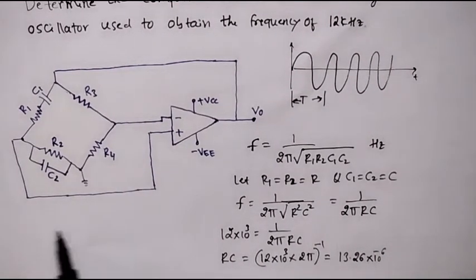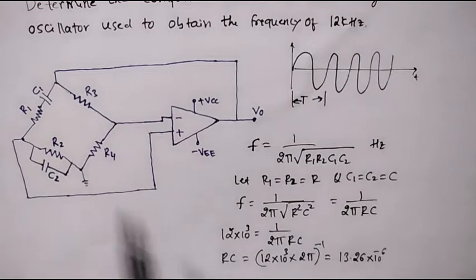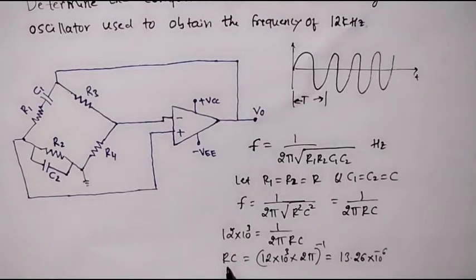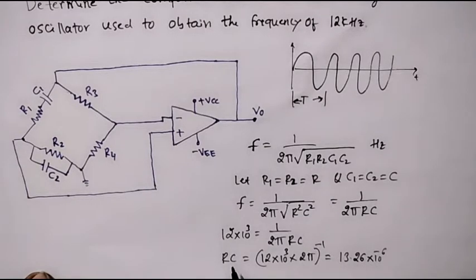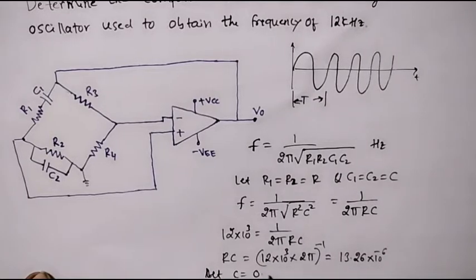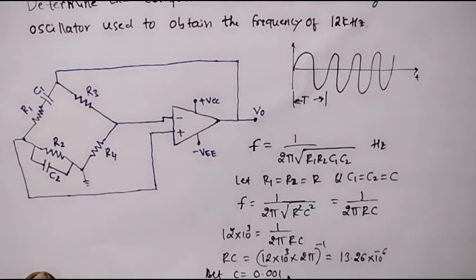But we know that R is nothing but R1 and R2, and in this equation the product of RC is 13.26 into 10 raised to minus 6. So among these two unknown variables, we are supposed to assume one value. We'll choose the value of C as 0.001 microfarad.